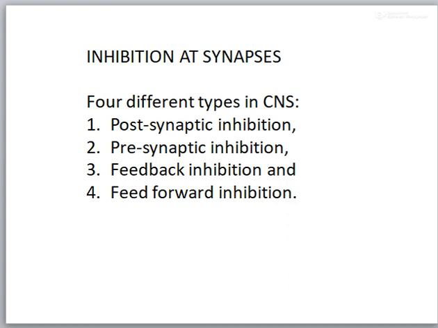Postsynaptic inhibition is of two types. One is the direct postsynaptic inhibition by the development of inhibitory postsynaptic potential, and second is the postsynaptic inhibition due to refractory period, which we will discuss in the subsequent topic.